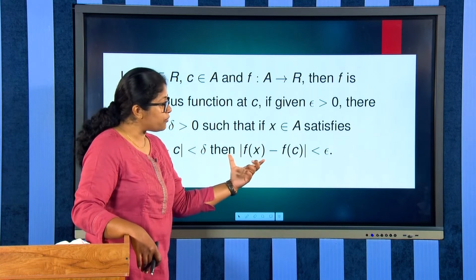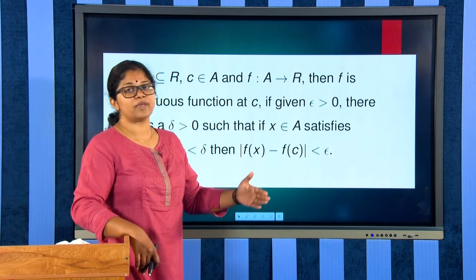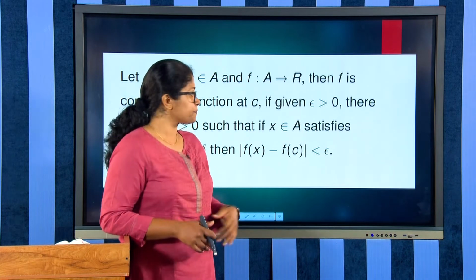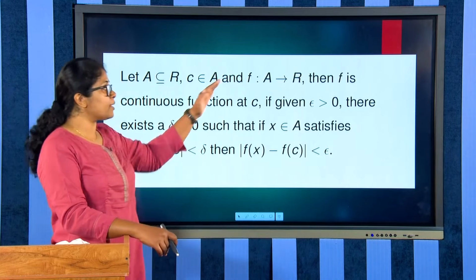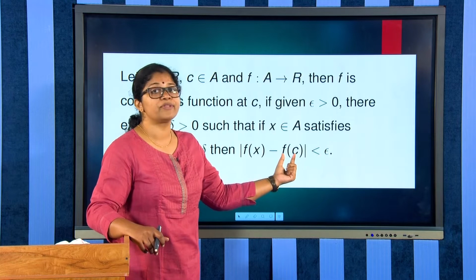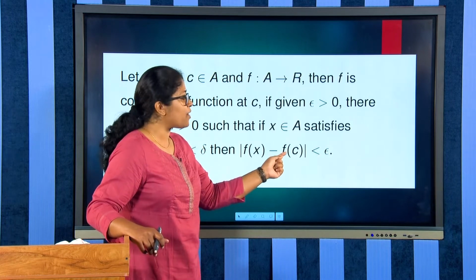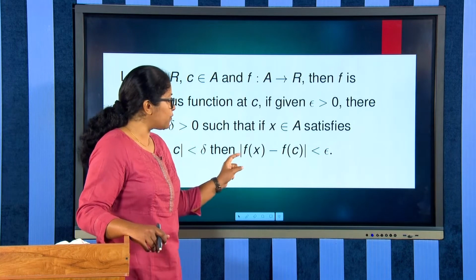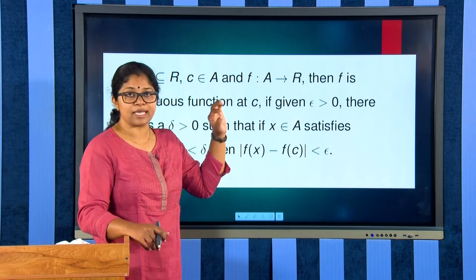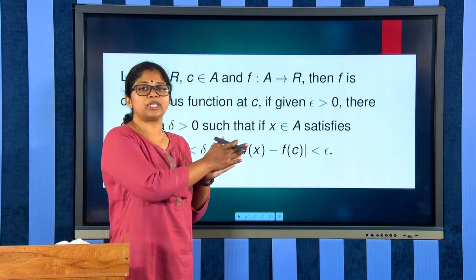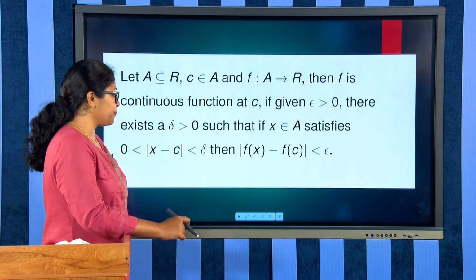So look at this definition of continuity and the previous definition of limits that we have discussed. We can see all the other conditions are exactly the same. The only difference is that instead of the limit L, we have the value of the function at that point. So whenever the limiting value is exactly equal to the value of the function, we will say the function is continuous.